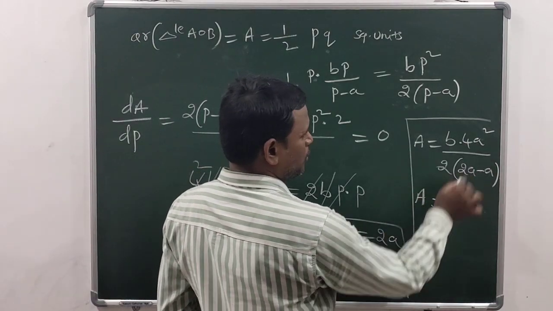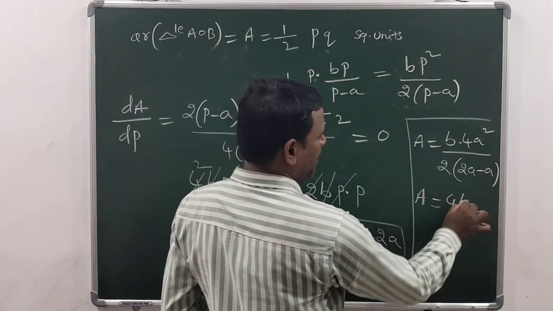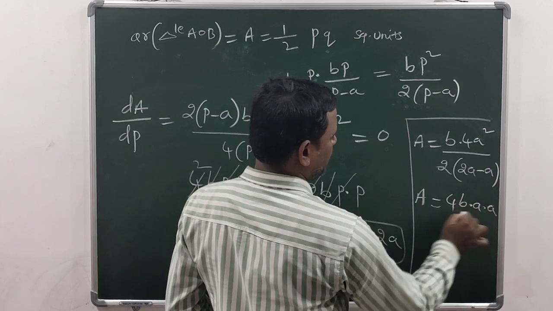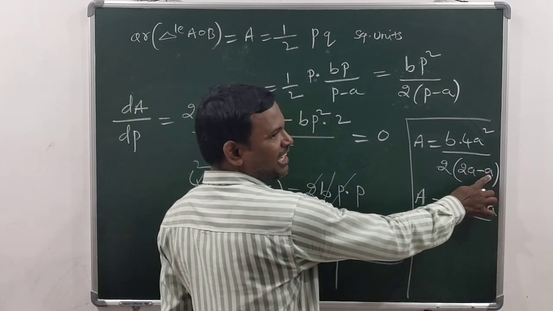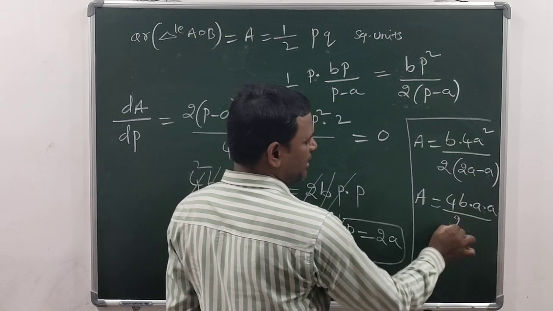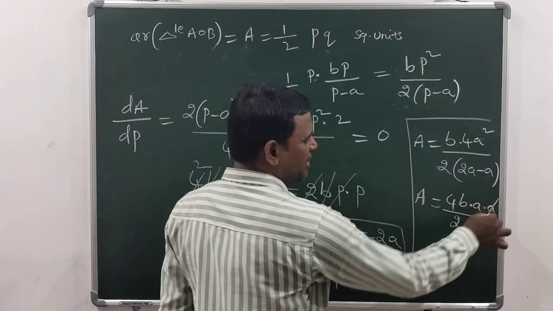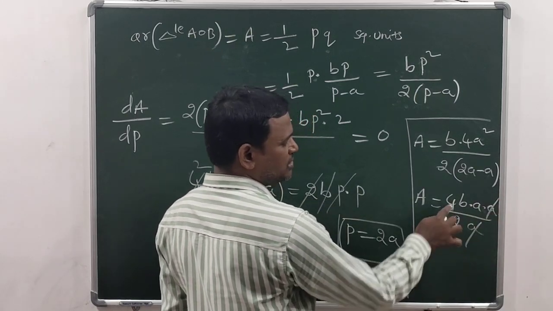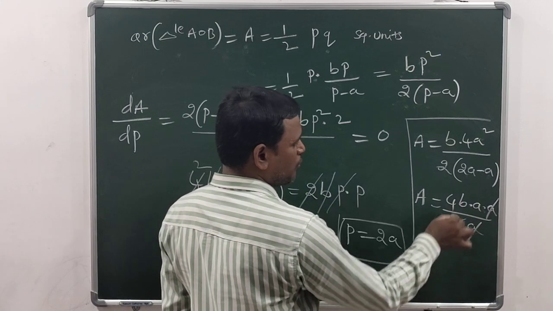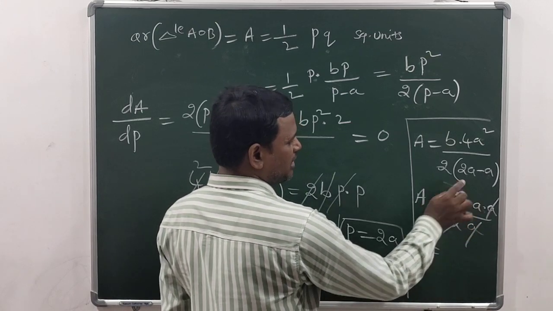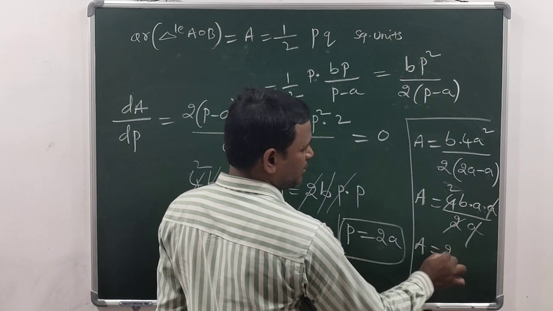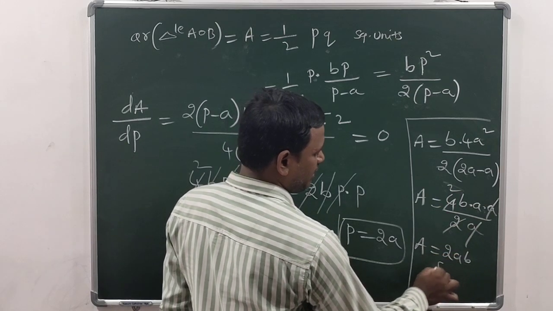A is equal to 4b, a square can be written as a into a, by 2a minus a. Now denominator 2a will be left. One a cancels. 2 ones are 2, 2 twos are 4. Now what is left here? 2ab. So 2ab square units.